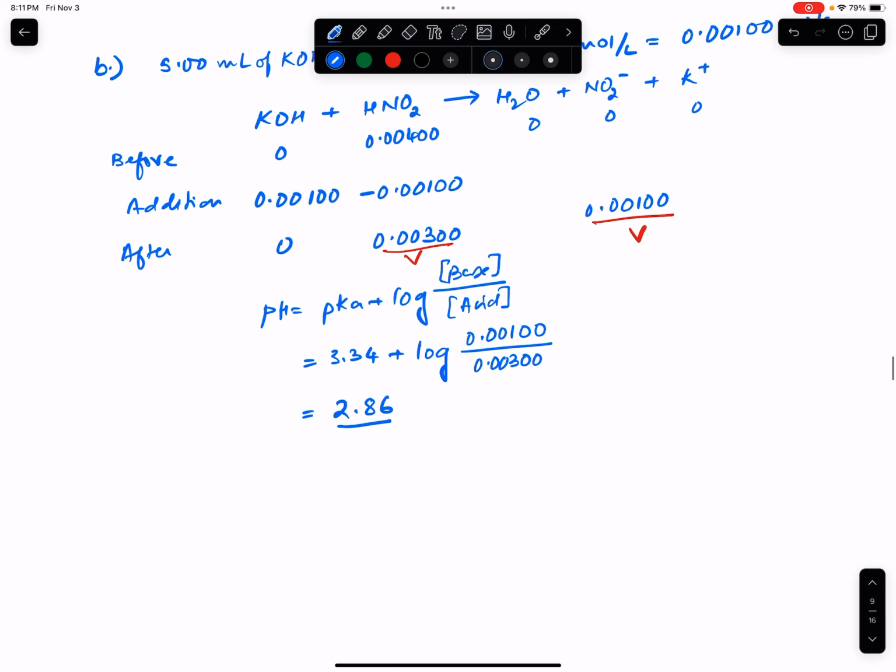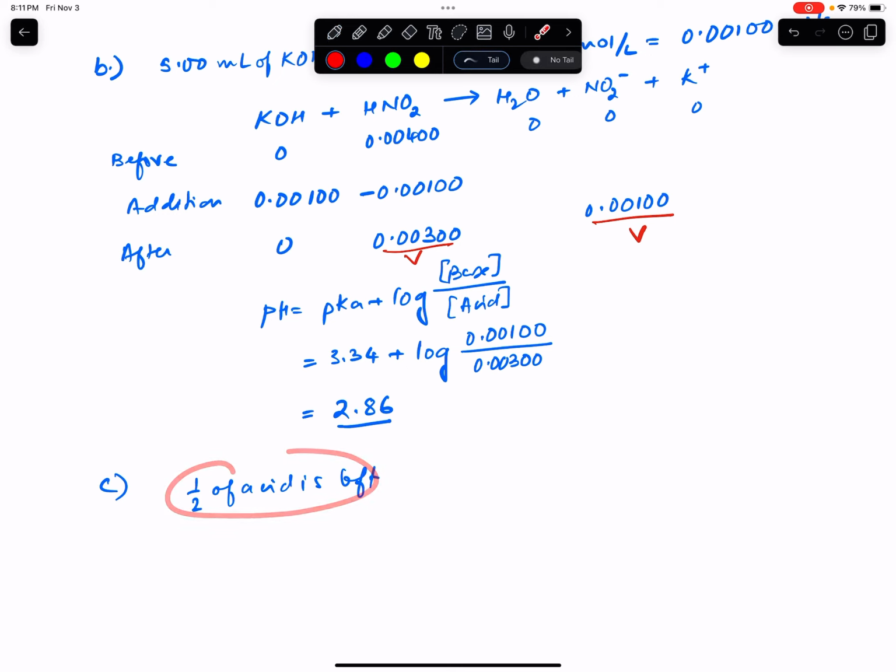So it turns out at half the equivalence point, half of the acid is left. And the half of the acid that was consumed gave rise to half of conjugate base, which I'm going to call CB out here.